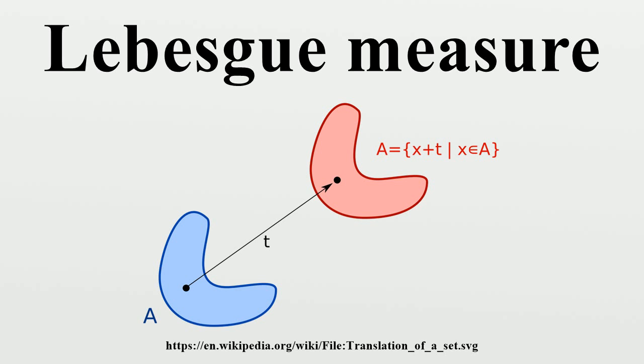The Hausdorff measure is a generalization of the Lebesgue measure that is useful for measuring the subsets of Rn of lower dimensions than n, like submanifolds, for example, surfaces or curves in R cubed and fractal sets. The Hausdorff measure is not to be confused with the notion of Hausdorff dimension.